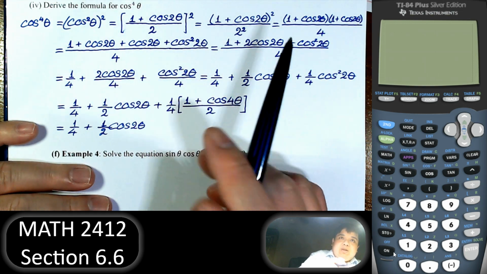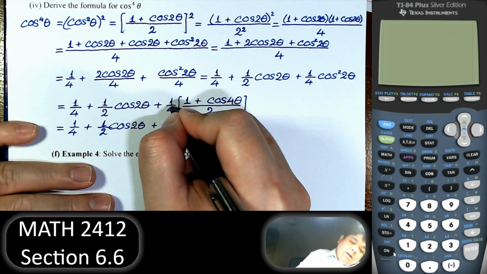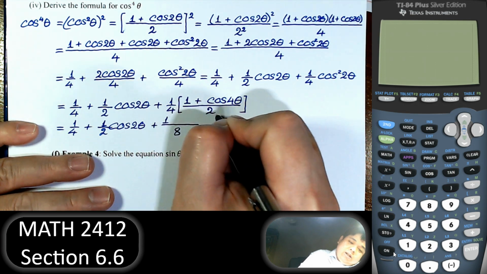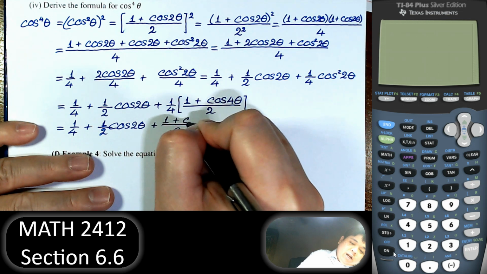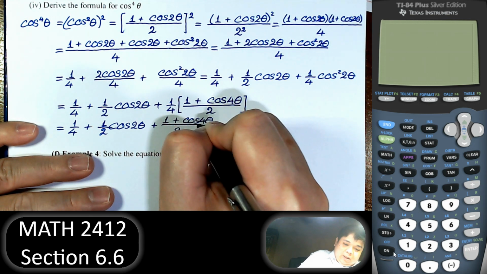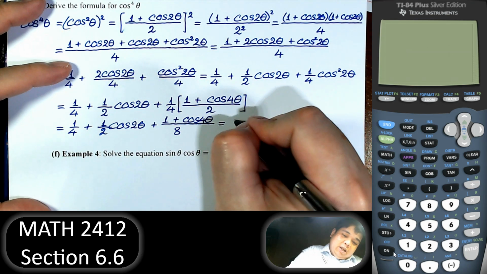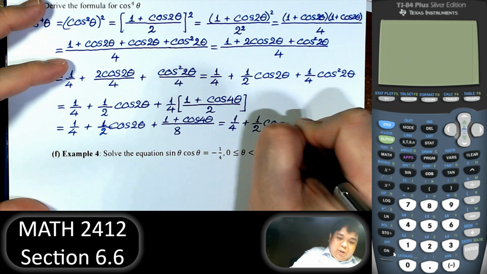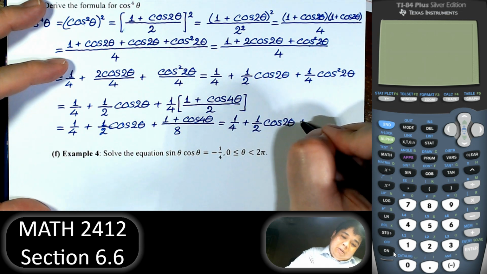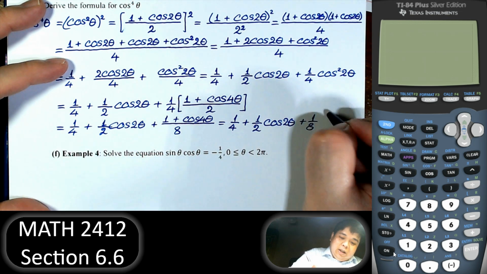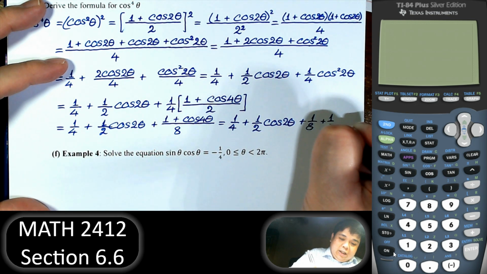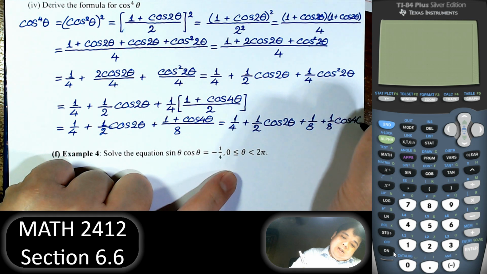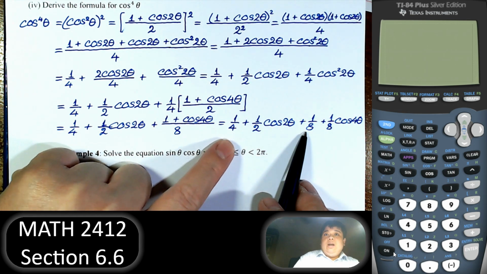Of course, we can split this out. Actually, I just want to write like this: 8, 4 and 2 at the bottom, and then cosine of 4 theta. Split this out as well. So 1/4 plus 1/2 cosine of 2 theta plus 1/8 plus 1/8 cosine of 4 theta. 1/8 and 1/4, that's 3/8.